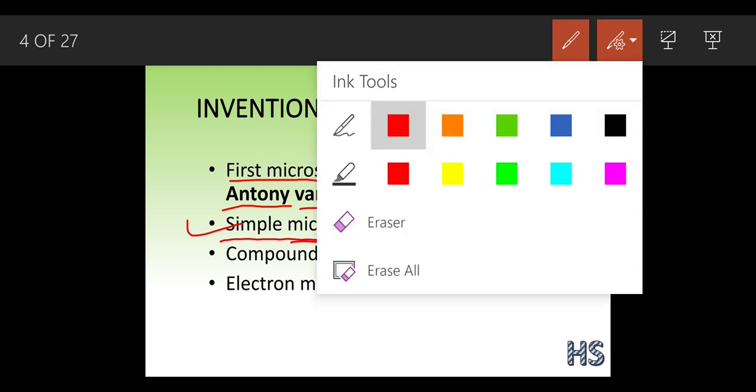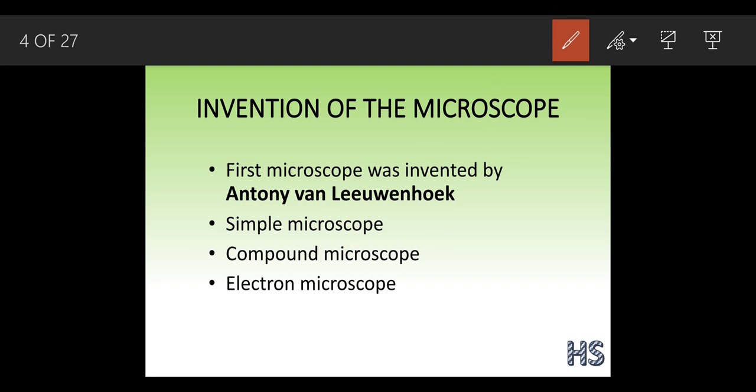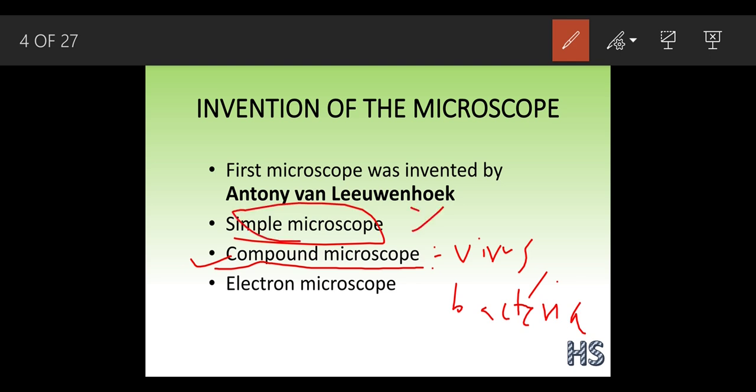This compound microscope was much more powerful than the simple microscope, because it was used to detect viruses, bacteria, and many small things which a simple microscope was not sufficient to magnify. This compound microscope was discovered by Robert Hooke, as we have mentioned earlier.